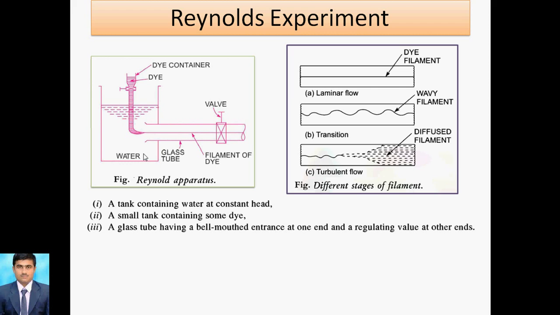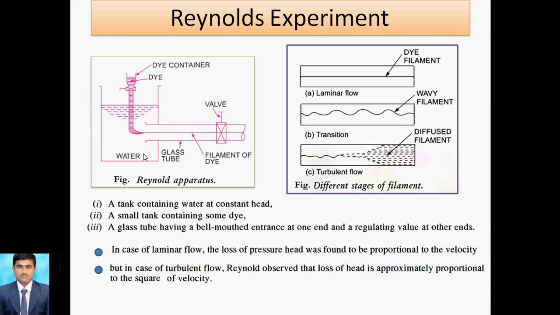We already mentioned that there are three types of flow: laminar flow, transition, and turbulent flow. The laminar flow is the straight filament, then the wavy filament, and the third, turbulent flow, is the diffused filament. For laminar flow, the loss of head was found to be proportional to velocity.